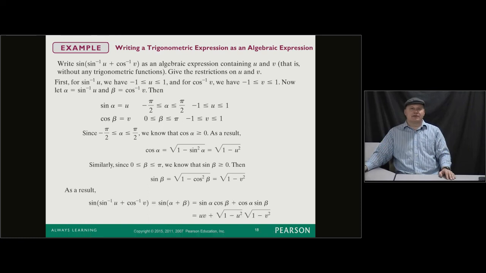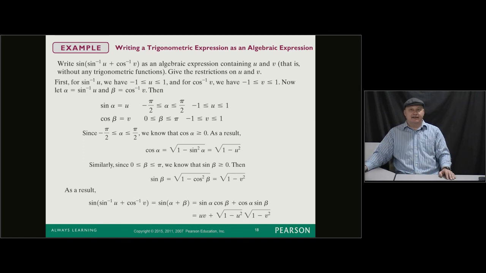So the sine of the sine inverse of u plus the cosine inverse of v is the sine of alpha plus beta. And now by the addition formula for sine, that would be the sine of alpha, cosine of beta, plus the cosine of alpha, sine of beta. So what is the sine of alpha? Oh, that was u. What was the cosine of beta?